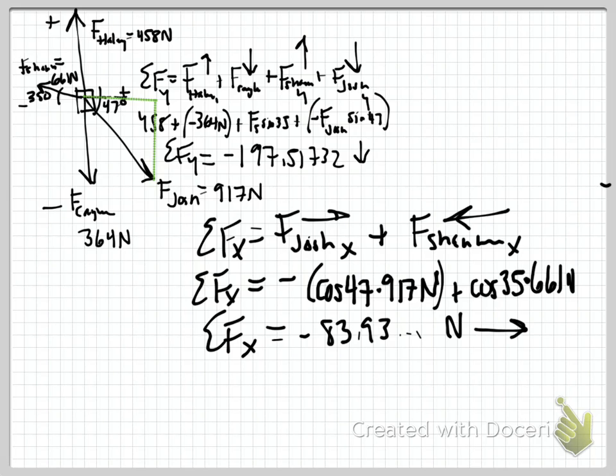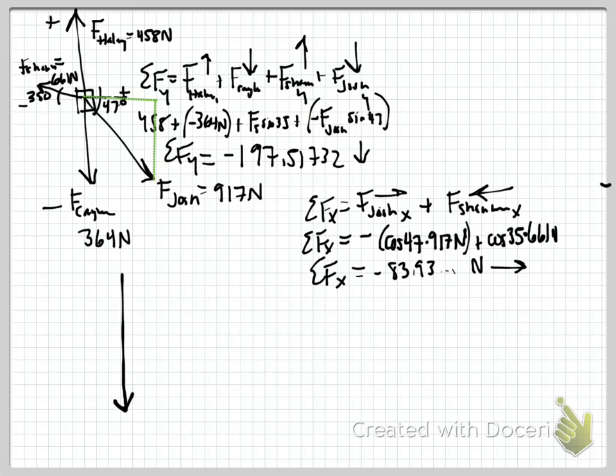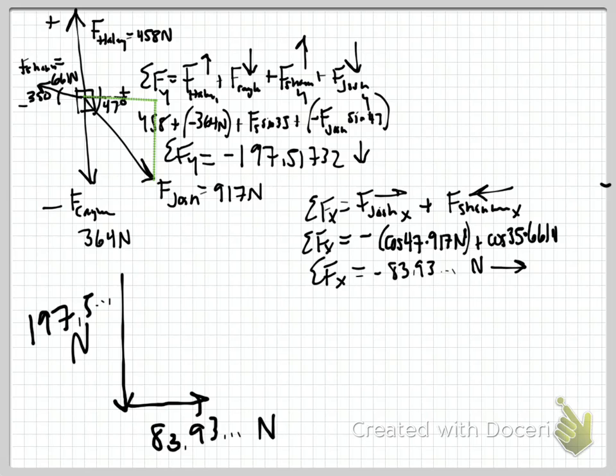So then what we have for our 2 components of our overall resultant vector, that's what we have in front of us now. So we have 197.5, etc. newtons down or southward, and we have 83.93, etc. newtons eastward. So our resultant is going to look like that.